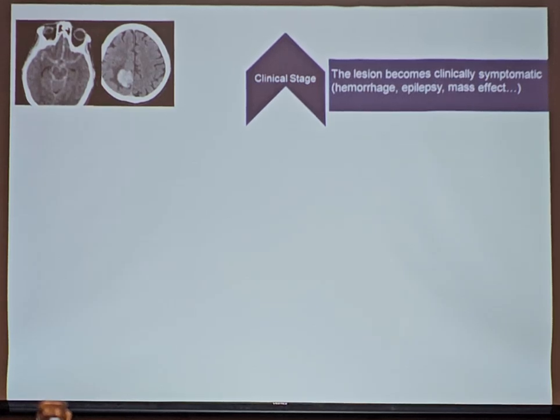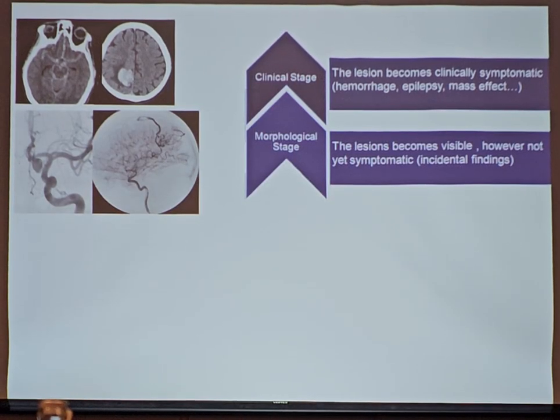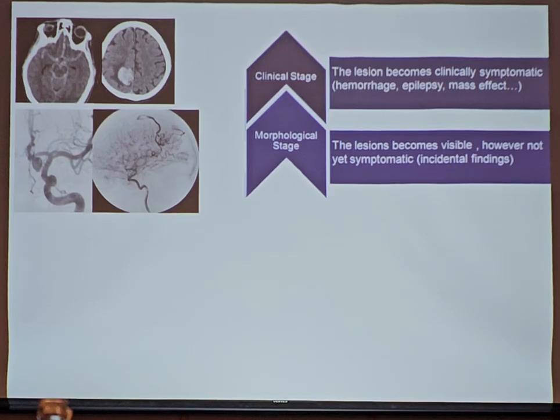But we as radiologists or neurologists and neurosurgeons, we know that prior to the clinical stage, there's a morphological stage. There you have the unruptured aneurysm, the unruptured AVM, where the lesion is visible, however not yet symptomatic. But what comes before?